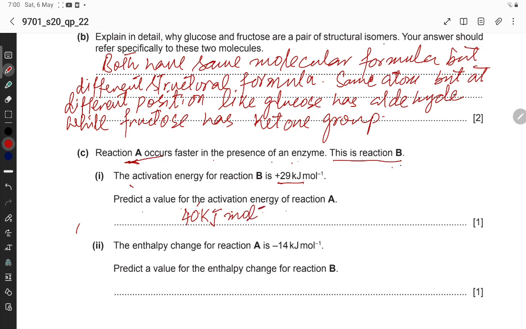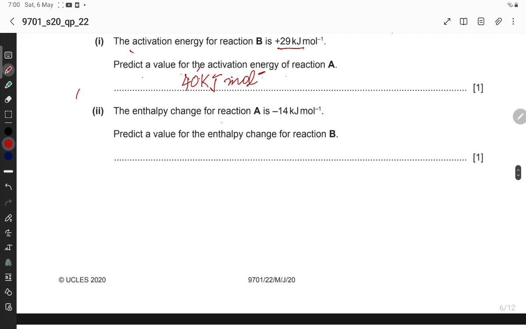The enthalpy change for reaction A is minus 114 kilojoule. Predict the value for the reaction enthalpy change for reaction B. There is no change in enthalpy change even if an enzyme is used, so it is the same enthalpy change: minus 114 kilojoule.